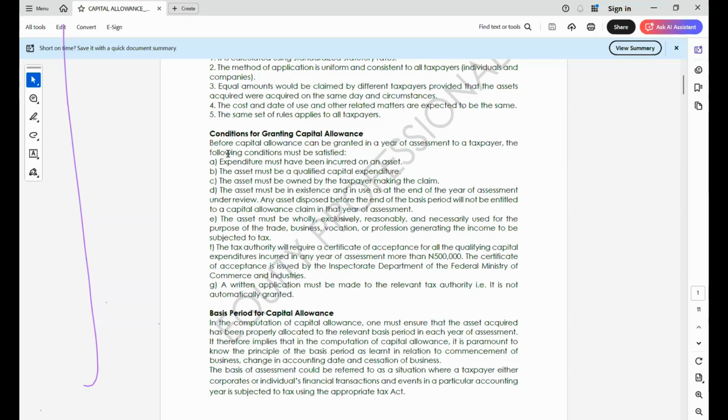Because they are not going to be capitalized, that particular asset will not be regarded as qualifying capital expenditure, so that asset will not qualify for capital allowance. So assets that will qualify for capital allowance are qualifying capital expenditure, QCE.